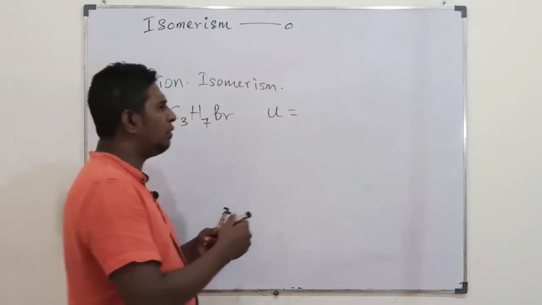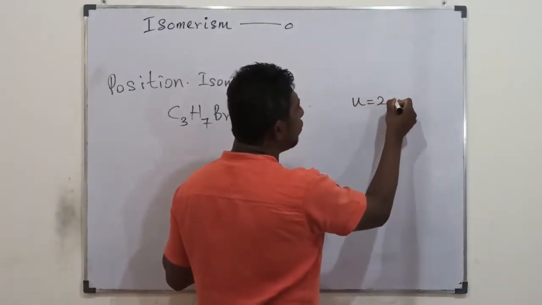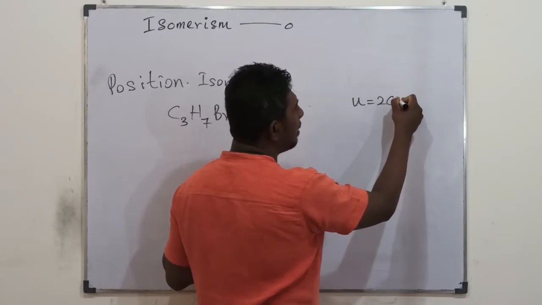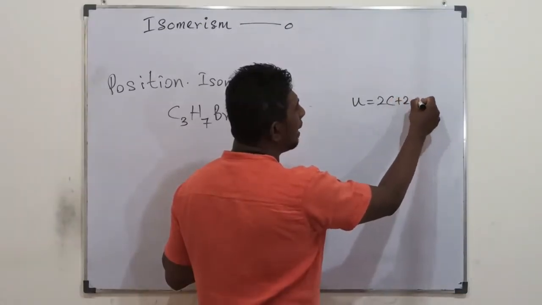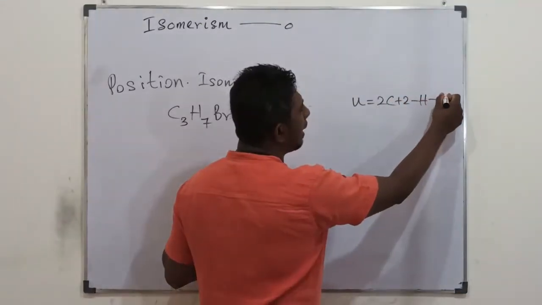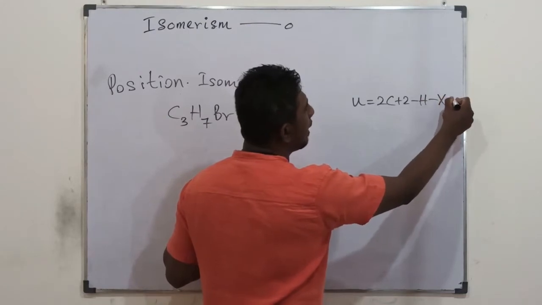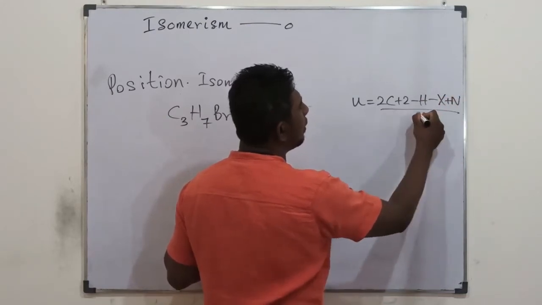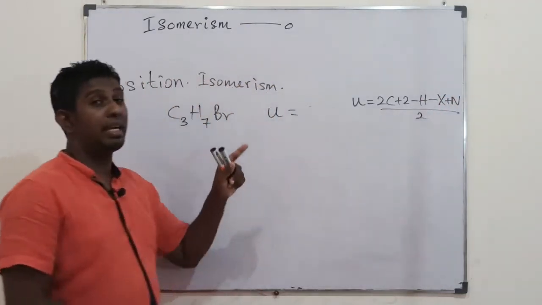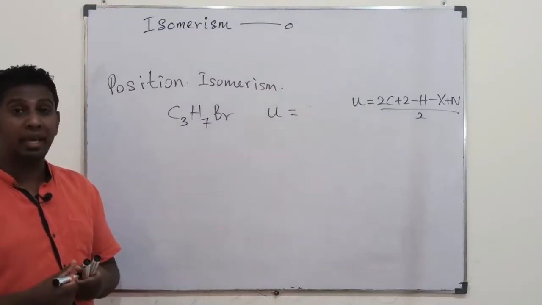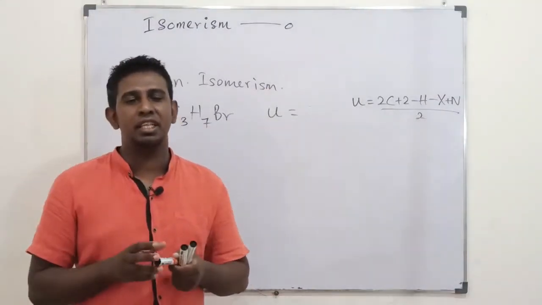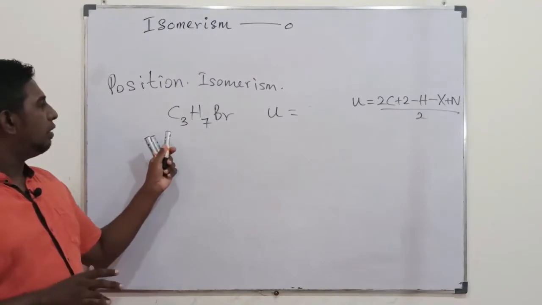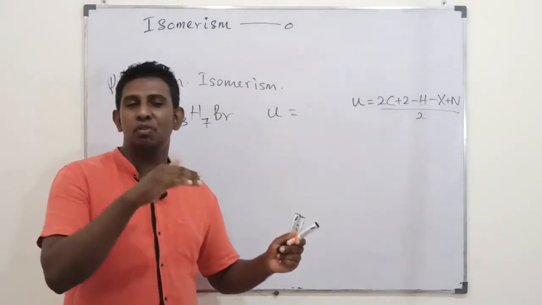What I am telling now is U equals 2 into carbon number plus 2, minus hydrogen number, minus halogen atoms number, plus nitrogen atoms number, divided by 2. That's the way I get the unsaturation number just following the molecular formula.